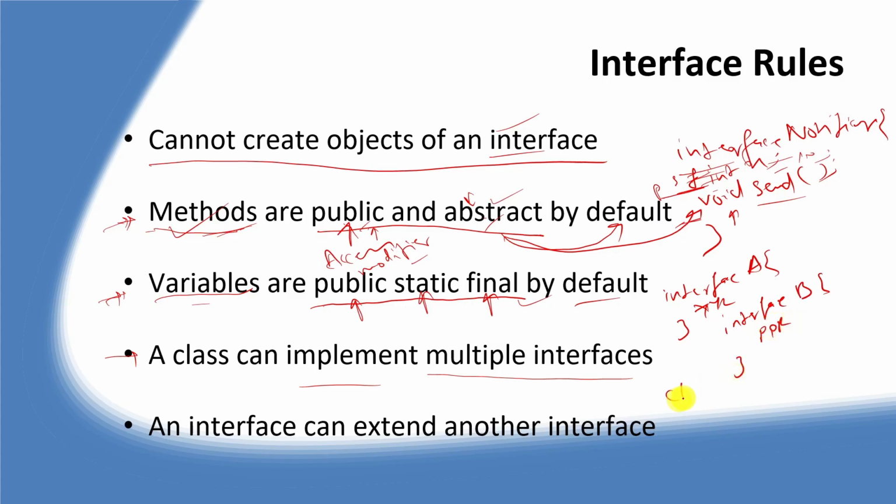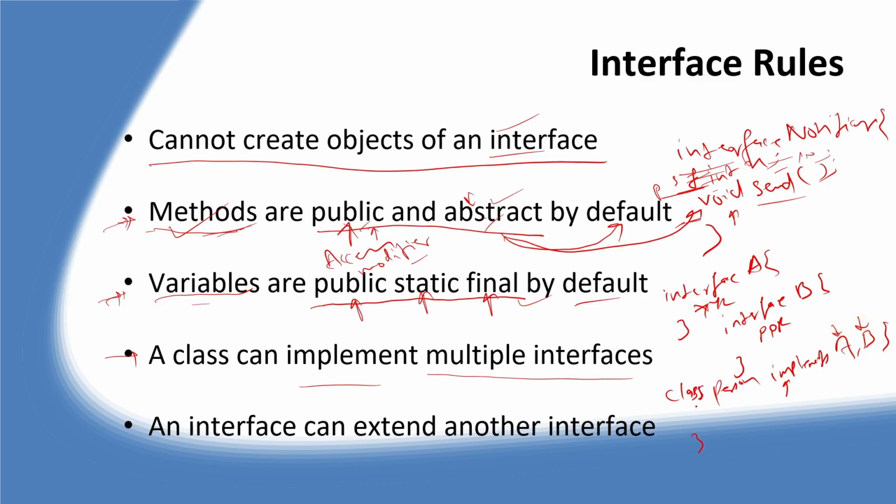Now there is one class, let's say Person. This class implements, and this is the keyword we use for implementing an interface, so class Person implements A, comma B. Why are we writing a comma? Because this class Person is implementing two interfaces, A and B.